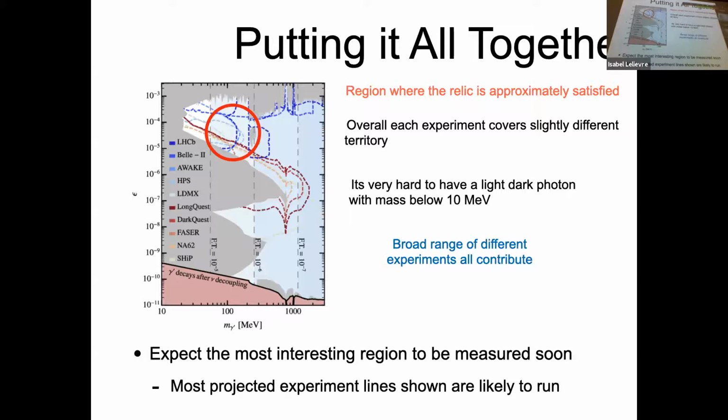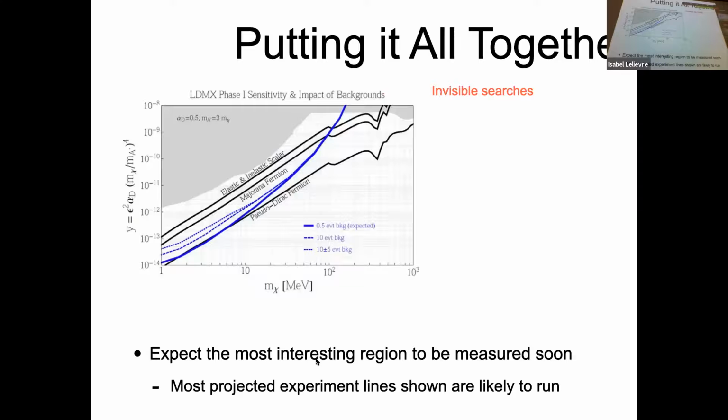Normally I've been showing the plot like this, but I found this recent paper where they went all the way down to very small couplings, to the point where you get cosmological constraints, and you can see all these different bounds. I won't go into it because I think I went through almost all of these lines already, but you can stare at this and look at the different experiments.